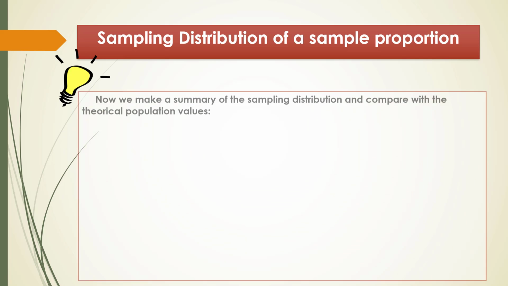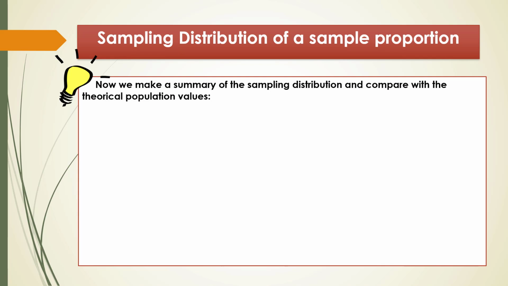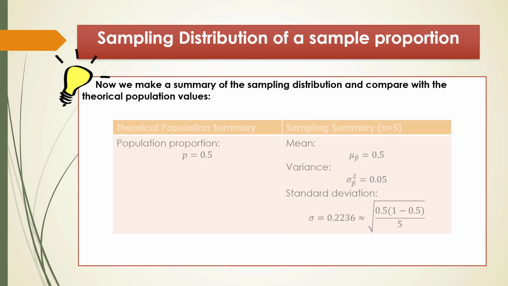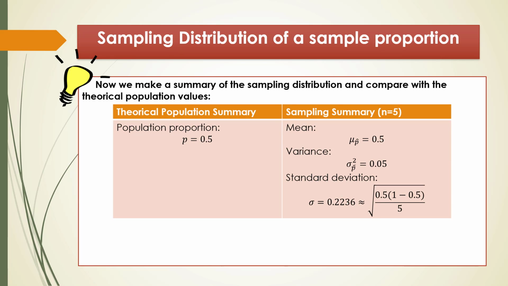So now we are going to make a summary of the sampling distribution of the sample proportion and compare with the theoretical population values. For the population value, here we have one parameter. The population proportion p is 0.5 because the coin is fair, so the probability of landing head is the same as the probability of landing tail.